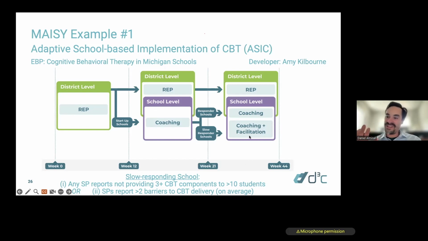Now, this facilitation intervention is different from coaching because this one targets any of those barriers that were elicited, if any were elicited. And it is designed to target what I call business level barriers, like you're not getting along with your school principal, so they're not giving you a room for you to do CBT or whatever. And it turns out that's an actual example in the state of Michigan, believe it or not.